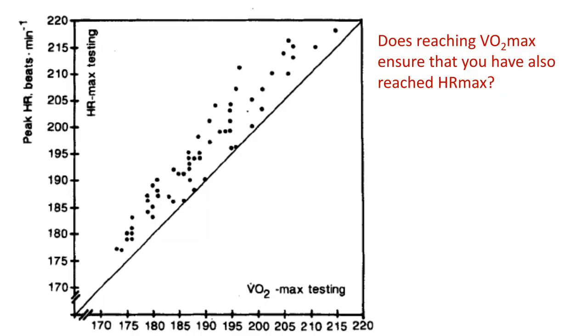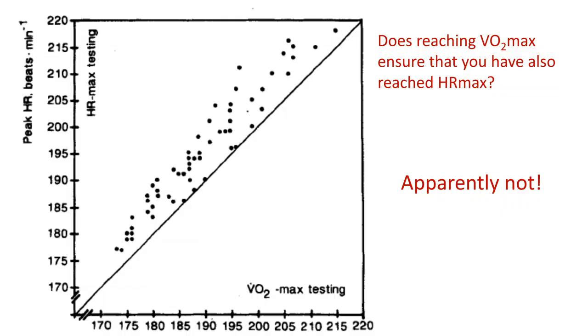They weren't collecting VO2. They weren't doing intermittent testing, where they were step testing up to VO2 max, versus collecting heart rate data during a VO2 max test, which is very typical. And what they saw was that almost always the heart rate during a dedicated max heart rate test was higher than the heart rate they found during a VO2 max test.